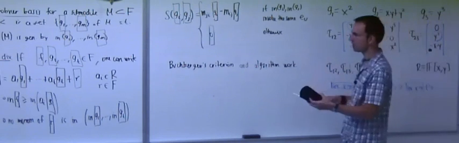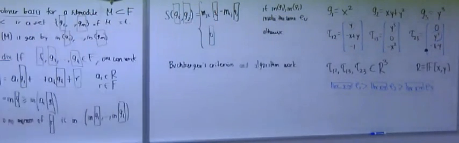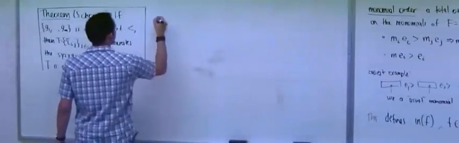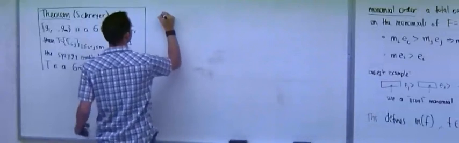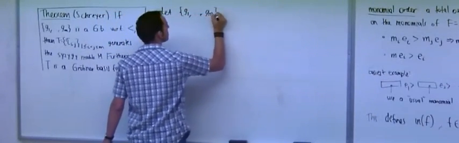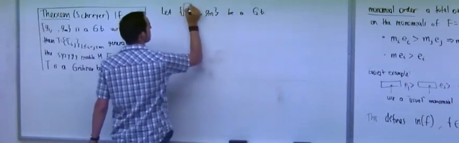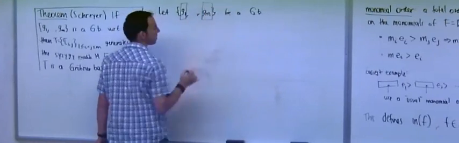And that's what's missing in that statement. Okay, so let G1 up to Gm be a Groebner basis for whatever module they generate.